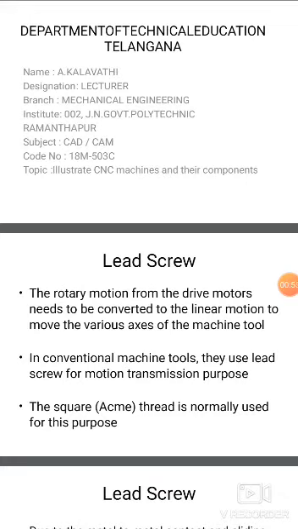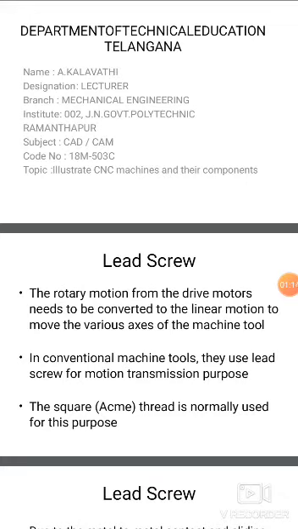Lead screw is nothing but fixing the screw to a nut where the screw thread is in direct contact with the nut thread. In the case of a roller screw, the rollers rotate and the nuts are in direct contact.